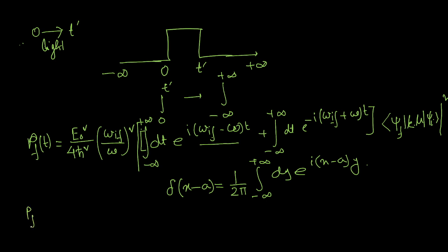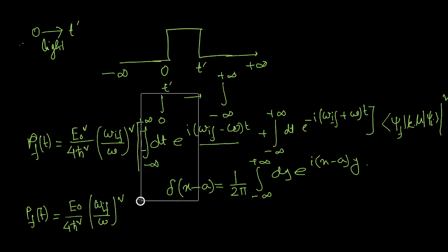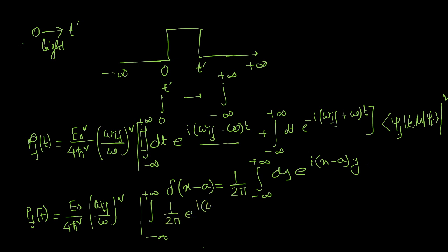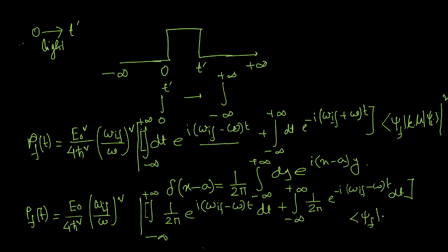If we multiply both of them with 2 pi, plus infinity 2 pi dt plus 2 pi omega f minus omega t dt square. So 2 pi we have to multiply with 4 pi square.